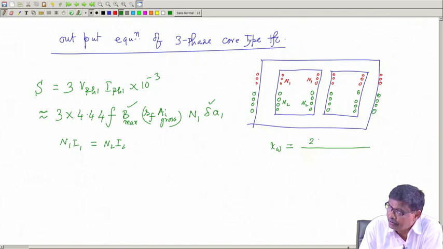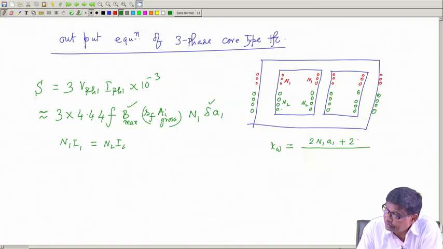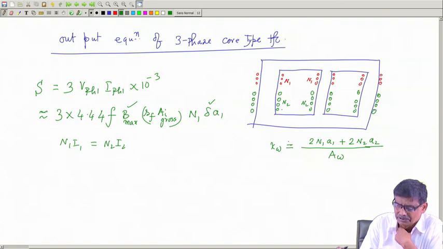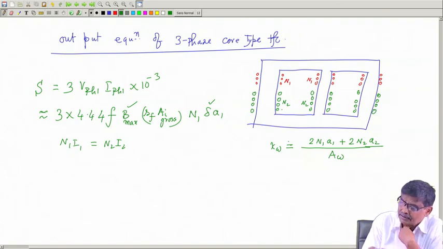Area covered by copper is 2 N 1 A 1 plus 2 N 2 A 2, this cross sectional area, divided by the total area available. Then N 1 A 1 is equal to N 2 A 2, you substitute, and for N 1 A 1 you put it there.